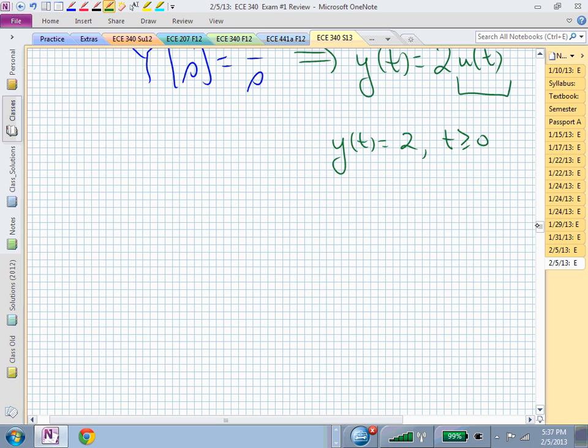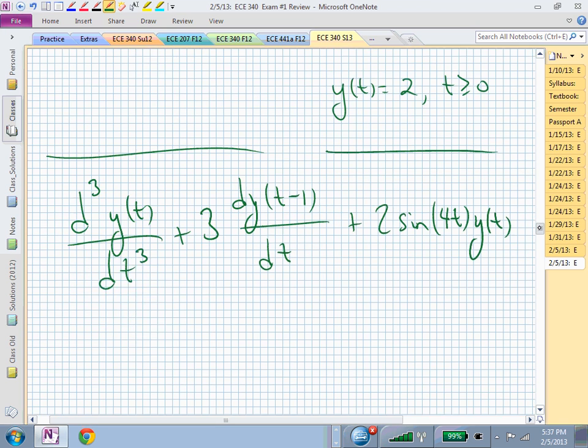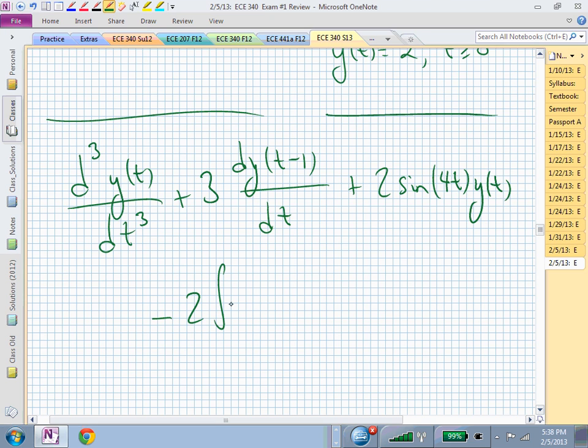Let's say that somebody gives you the following: the third derivative of y with respect to time, plus 3 dy of t minus 1 dt, plus 2 times the sine of 4t times y of t, minus 2 times the integral of y of tau d tau from 0 to t, minus 5 dx of t dt.